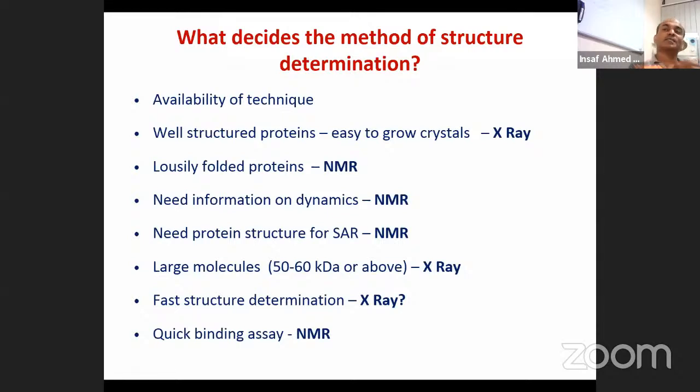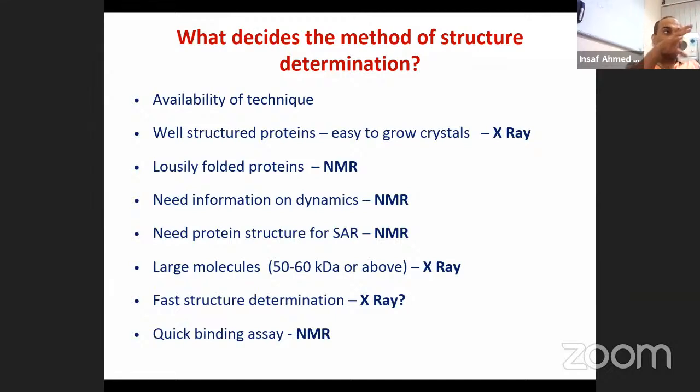Now, another important thing is dynamics. If you remember, when I briefly told you about these three techniques, there was one more important point. In crystallography, you are pouring cryo liquid nitrogen continuously, which has a temperature of minus 196 degrees centigrade.